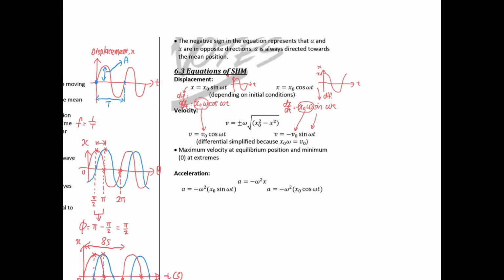Now, once you get these two formulas, you may be wondering, how about the formula in the middle? How do we get this, or what kind of formula is this? What you do here is you have cos omega t, and you have to make use of the power 2.